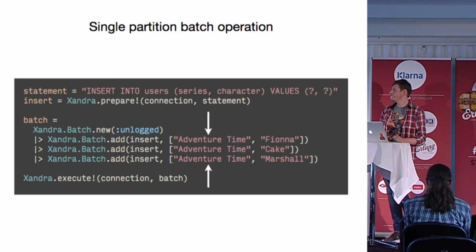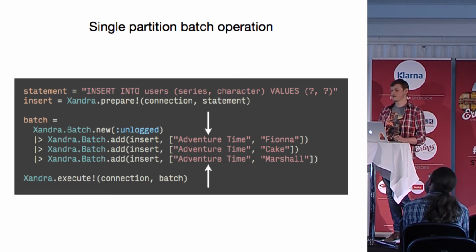This is single partition batch operation. This is what helps optimize Cassandra writing. In Cassandra, each operation goes atomically, but it needs synchronization across replicas and all this communication, because when you enforce consistency.